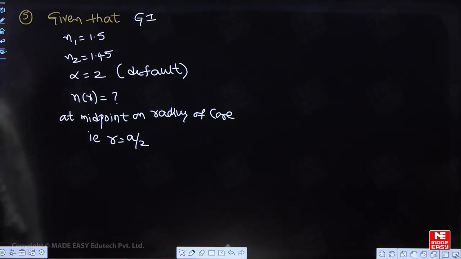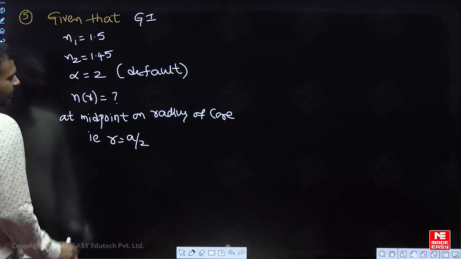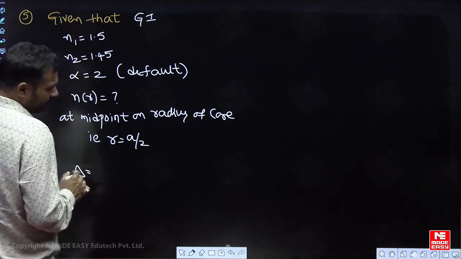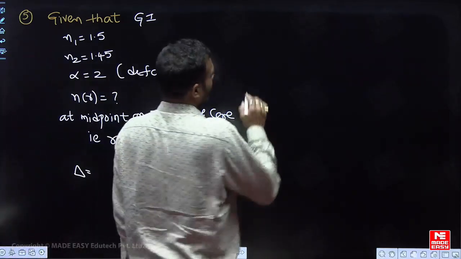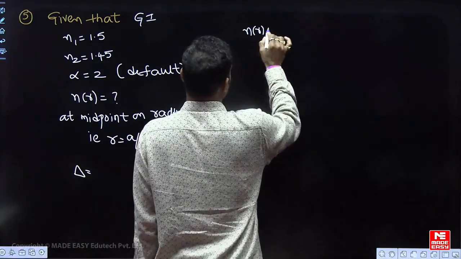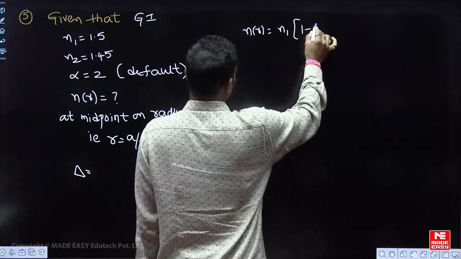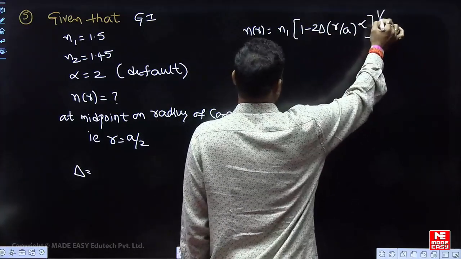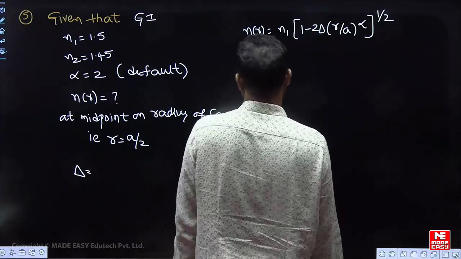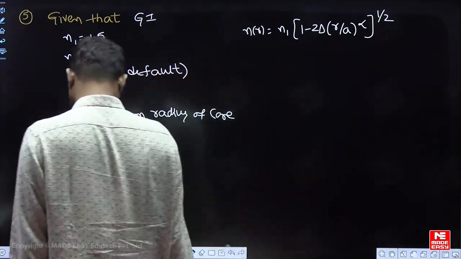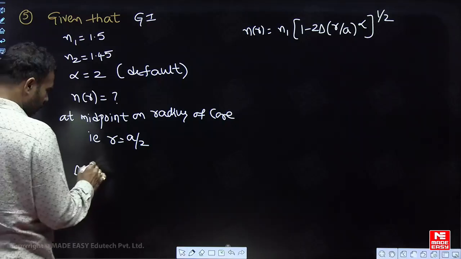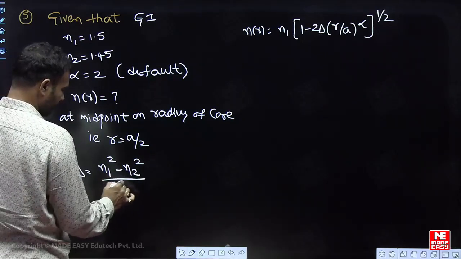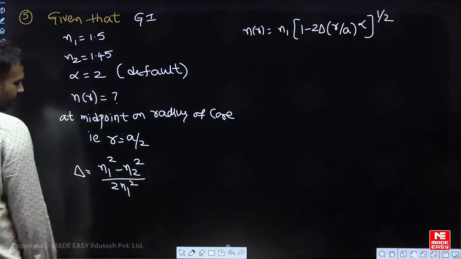Now, what we are trying to do here is, delta is required. Why? This is the formula, that is why we study n of r in the classroom: n1 into 1 minus 2 delta into r by a whole to the power of alpha, whole to the power of 1 by 2. Your delta value is equal to n1 square minus n2 square divided by 2 n1 square.